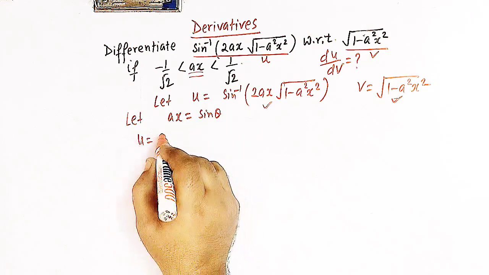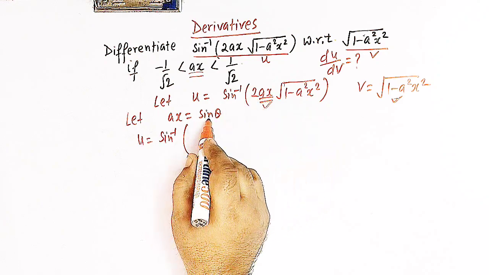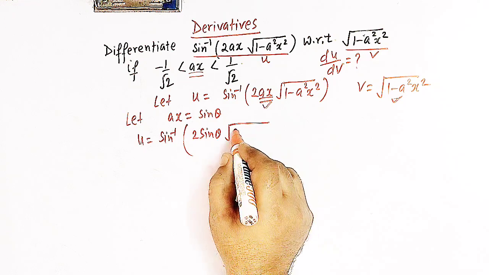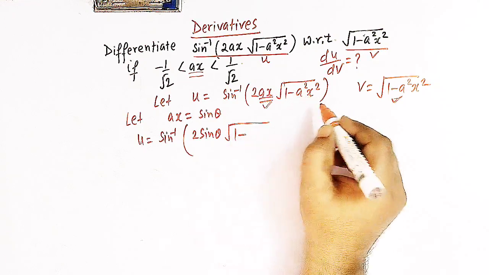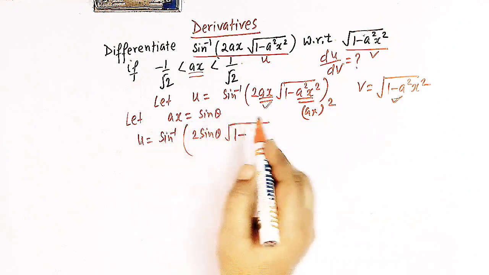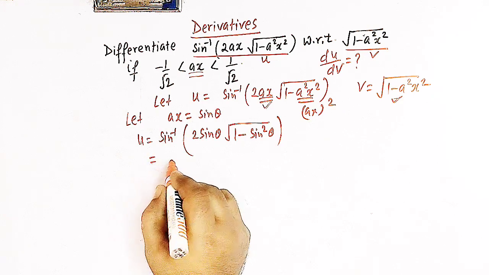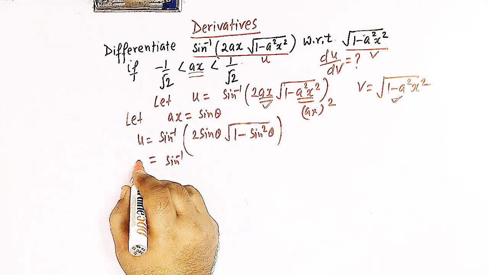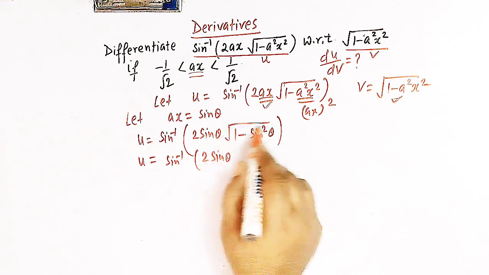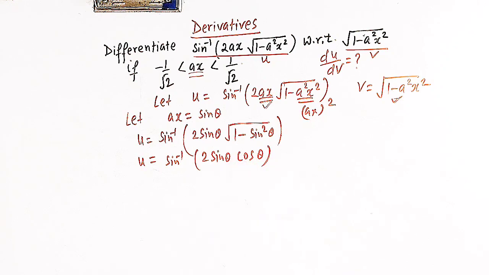So u is now equal to sine inverse of 2 sine theta times square root of 1 minus sine square theta, since ax whole square is sine square theta. And square root of 1 minus sine square theta is simply cosine theta.